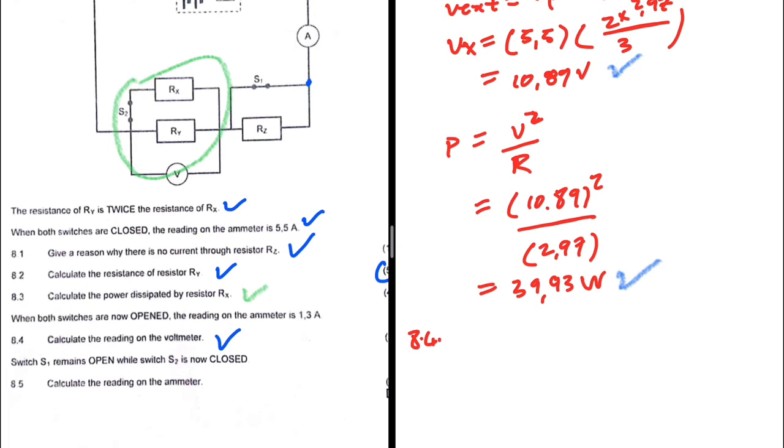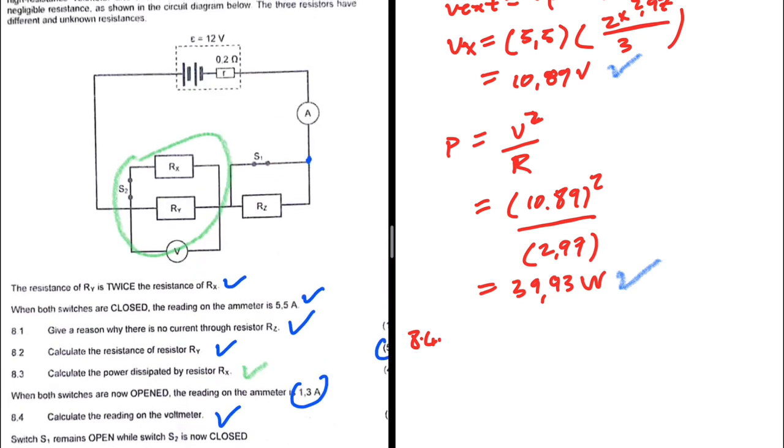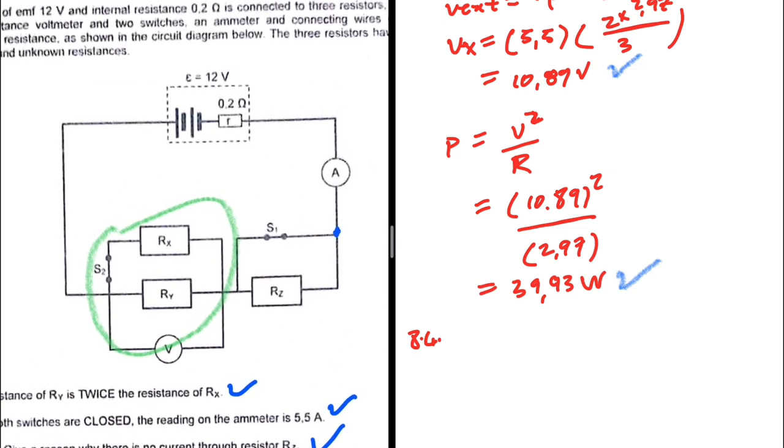What is happening? When both switches are now open, the reading on the ammeter is 1.3 ampere. So the reading on the voltmeter connected across the ends of the battery reads V external, right? We know that V external, well, there's two ways of doing it. We can say that EMF is equal to V external plus V internal.